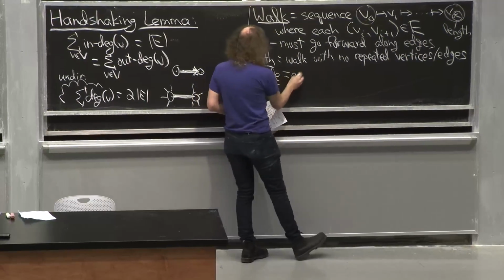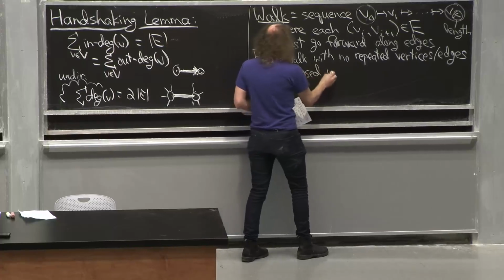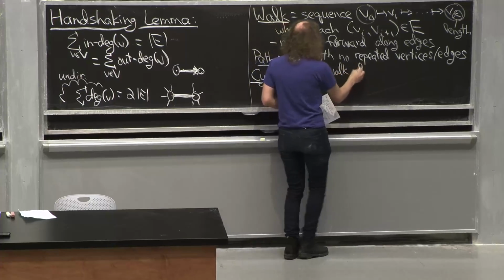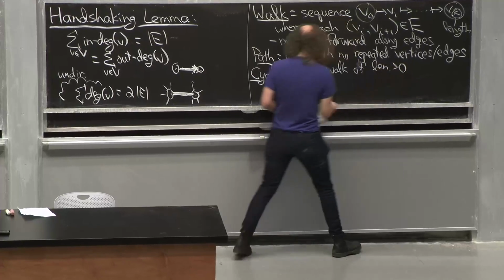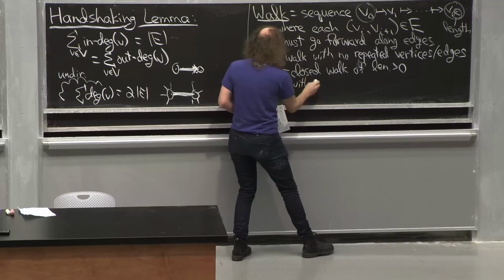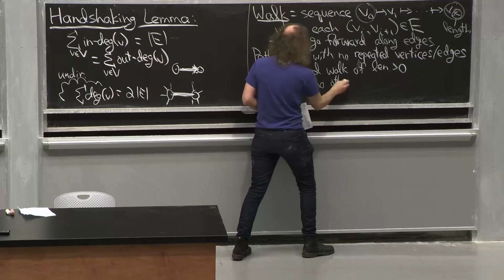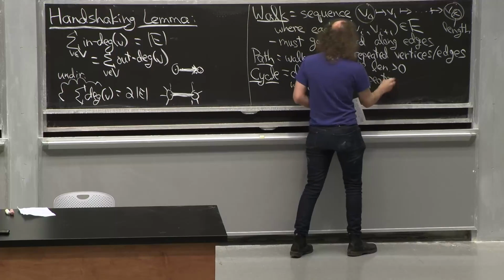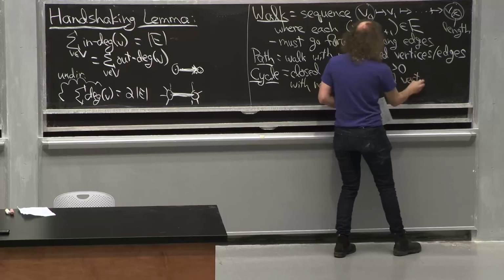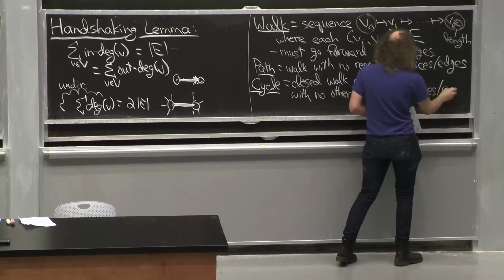So this was a closed walk of length greater than 0 with no other repeated vertices or edges, other than the first equaling the last.